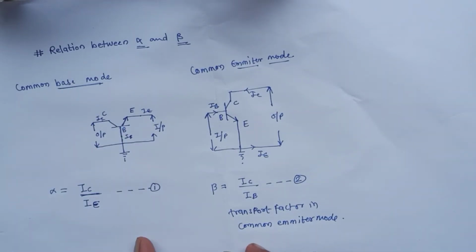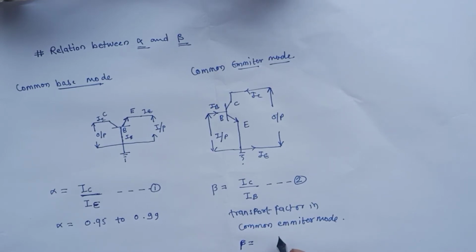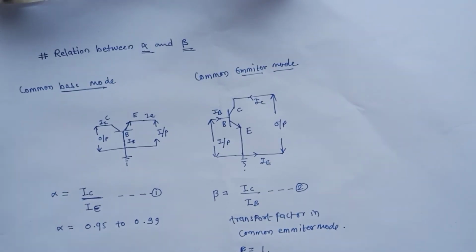We are going to see the relation between alpha and beta. One more thing I want to tell you: the value of alpha is between 0.95 to 0.99, and the value of beta is near about 1. So let's see the relation.